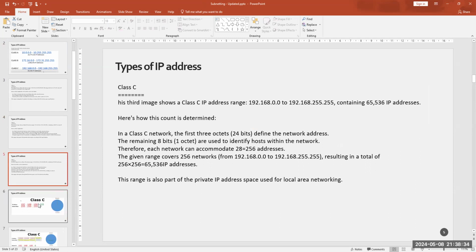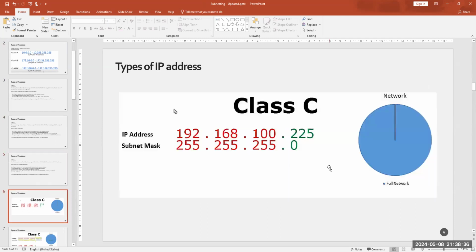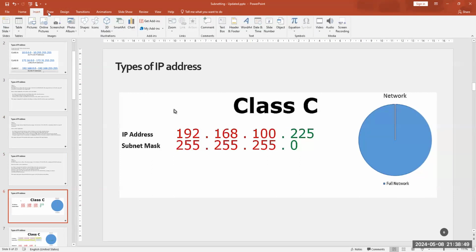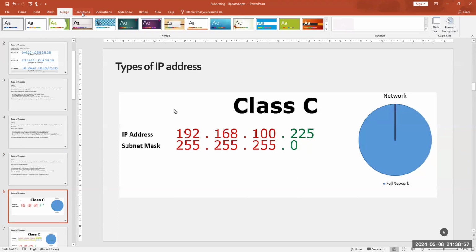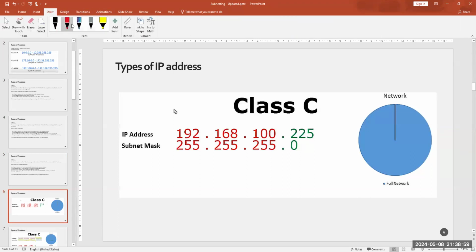Okay. Now, this is the class C which we have. The IP address is 192.168.100.5, right? So if this is the case, let me take my pen. Design, draw, yeah, within the draw.